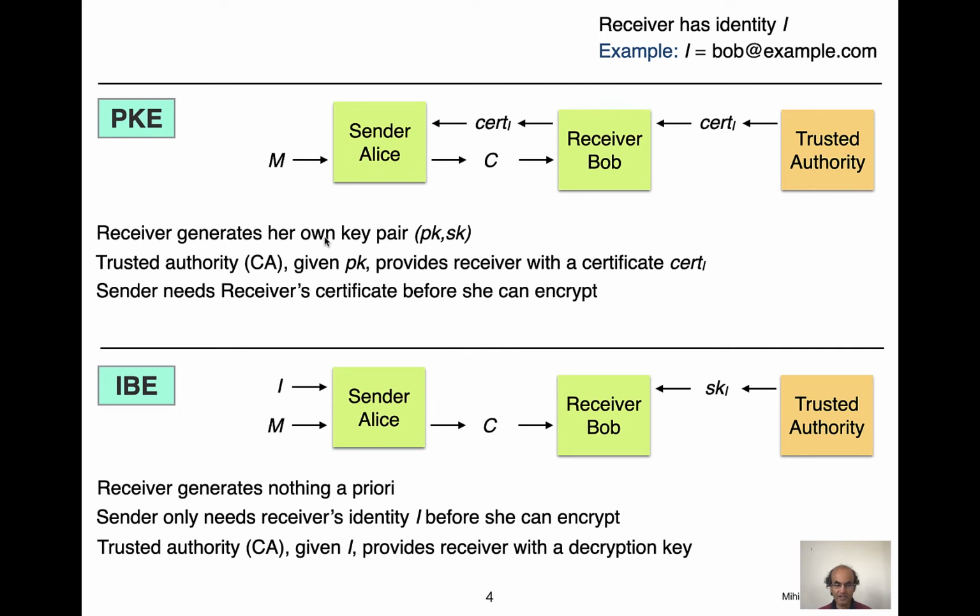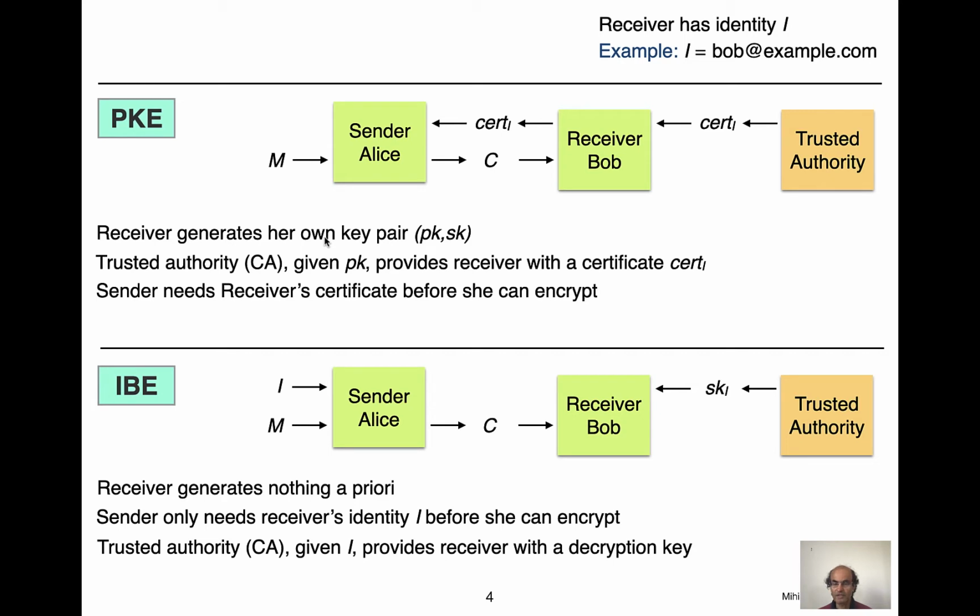Identity-based encryption envisions things differently. The sender, Alice, has no public key for Bob. All it has is Bob's identity. Think of an identity as an email address or possibly a URL or something different like that. As a function of that and a message, Alice will produce a ciphertext and send it to the receiver Bob.